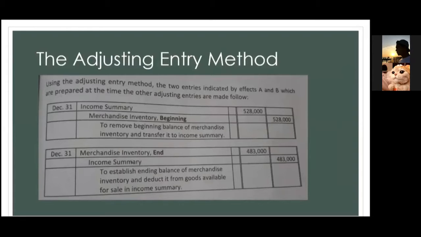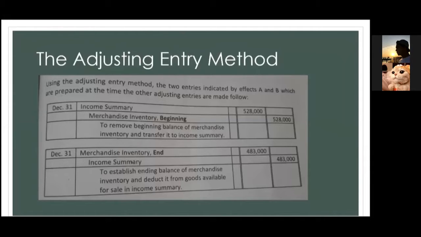So how are you going to make the necessary adjusting entry? In removing the beginning balance, we just have to transfer it to the income summary account. And since the beginning balance is a debit, in order to remove it, what you have to do is to simply credit the merchandise inventory.